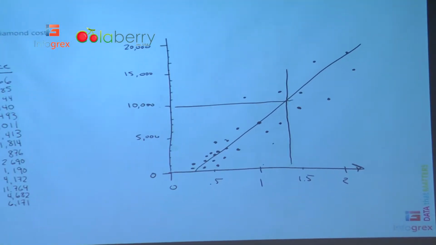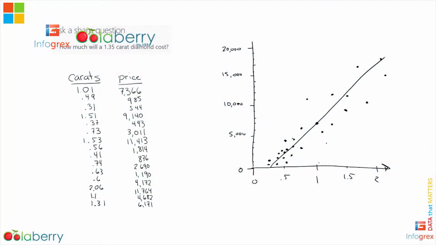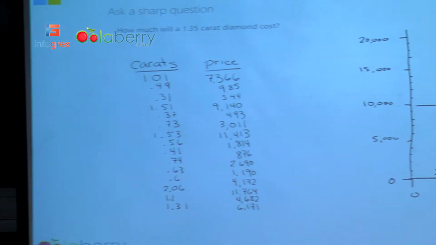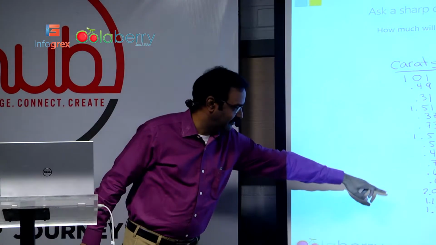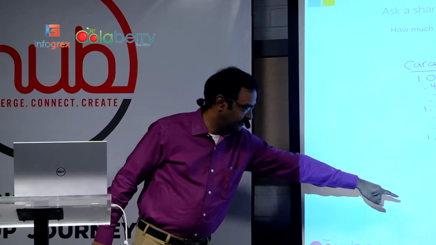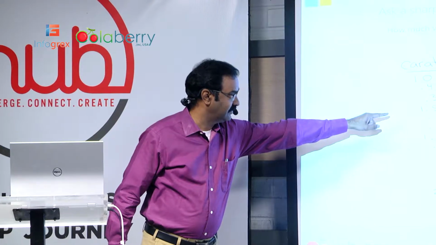So what does a 1.35 carat diamond cost? You can predict it even though exactly 1.35 is not available here. 1.31 is there, 1.53 is there, 1.51 is there.